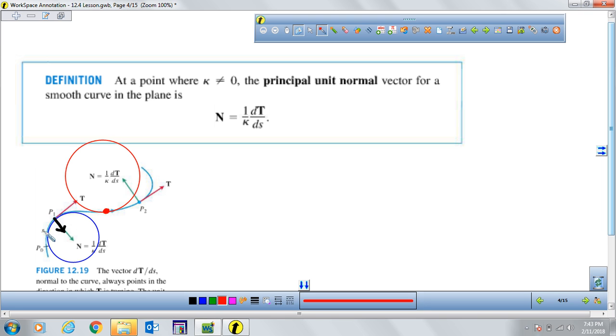So wherever the particle that is traveling curves the most, the circle of curvature is going to be smaller than anywhere on the curve where the particle curves the least. Okay, so the greater the curvature, the smaller the circle of curvature at that specific point. The smaller the curvature, the bigger the circle of curvature at that point in the curve.